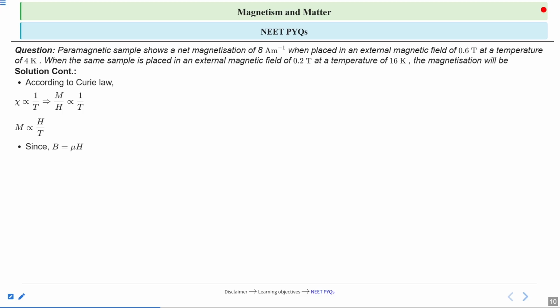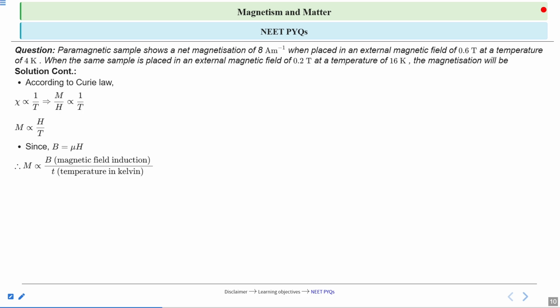Since B is equal to mu H, H is equal to B by mu, and mu is constant for a given material. The material is fixed in this question. The same sample is taken, so mu is constant in both cases. So H will be B by mu, and H is proportional to B.